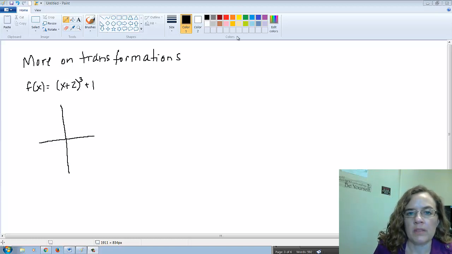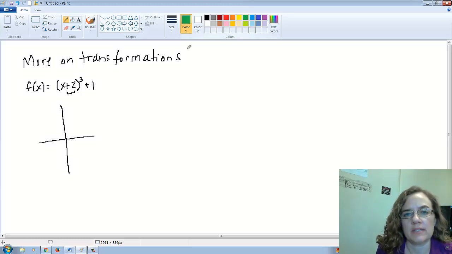Let's say the 2 here, this part, will actually tell us that the graph is shifting to the left 2, and then here the 1 will tell us it's going up 1.